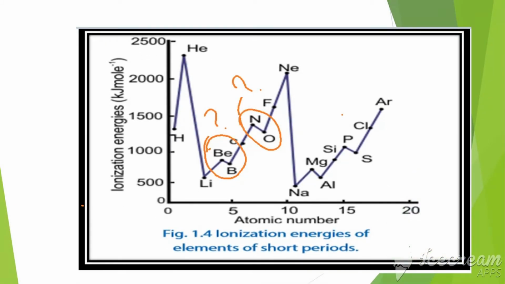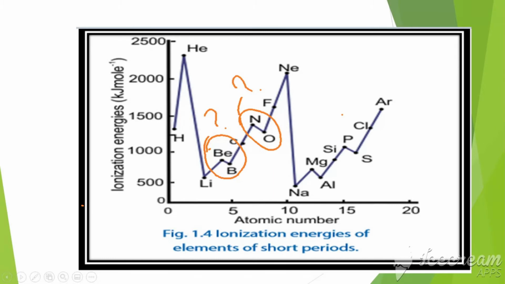But here are some exceptions along period, because we are not discussing the fourth factor, that is nature of orbital. First you focus on second period: lithium, beryllium, boron, carbon, nitrogen, oxygen, fluorine, and neon. Beryllium has high ionization energy, boron has less ionization energy. Beryllium belongs to second group having 2 electrons in s orbital.